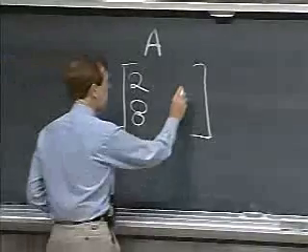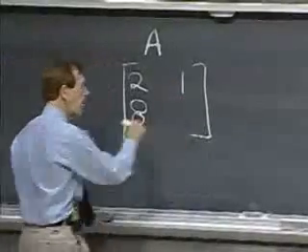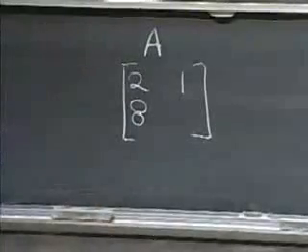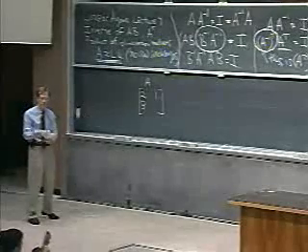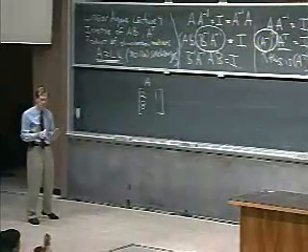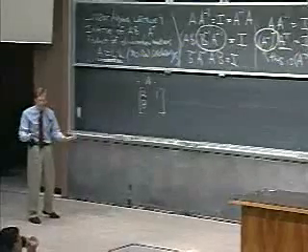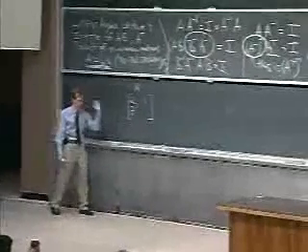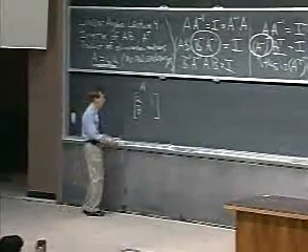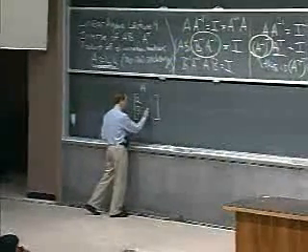And then let me put a 1 here. And what number do I not want to put there? 4. I don't want a 4 there because in that case, we wouldn't have a second pivot. The matrix would be singular. Okay, so let me put some other number here like 7.